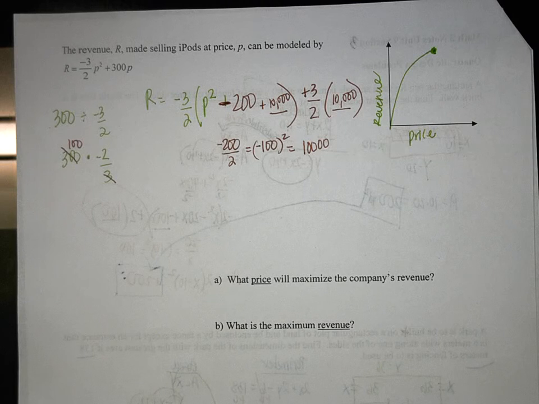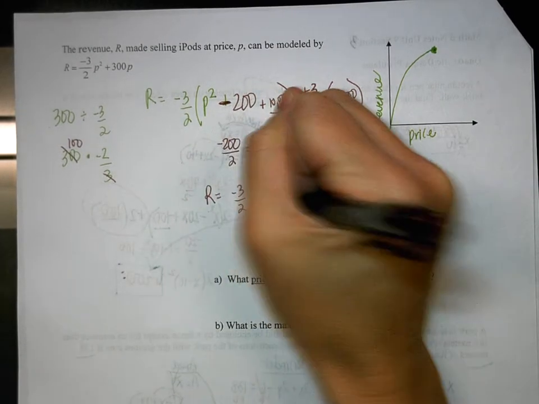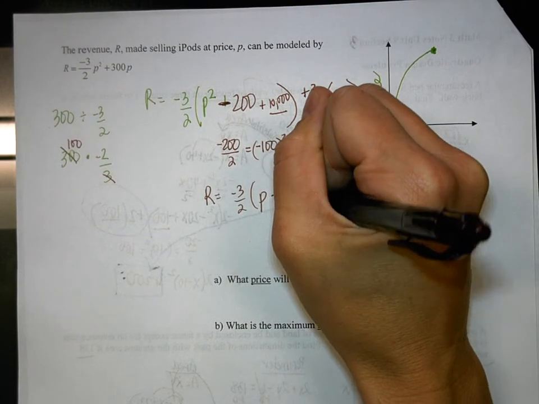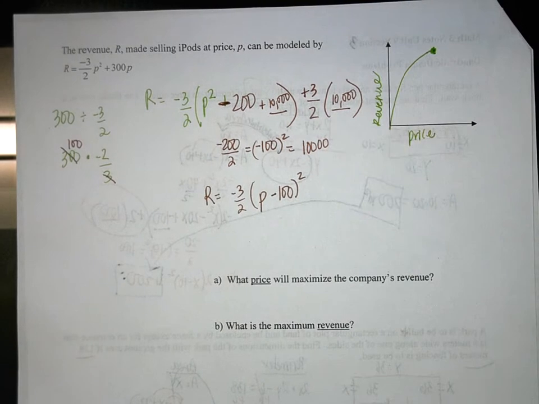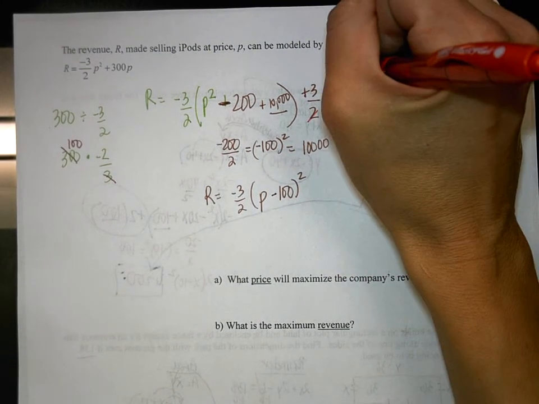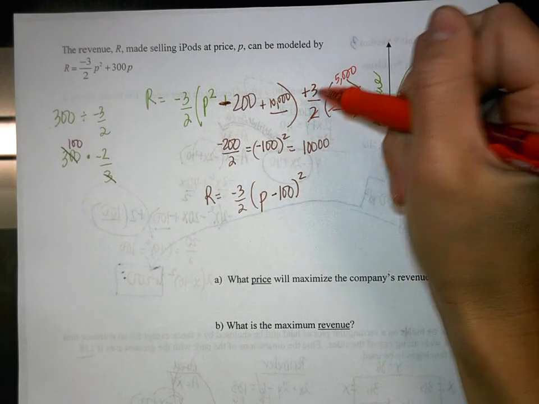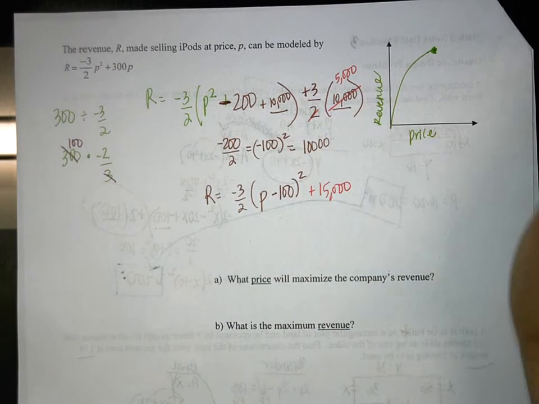Are we good? Okay. Now how do I write my equation? It'll be P what? Minus 100 squared. Now, when you multiply this, 2 goes into 10,000 how many times? 5,000 times. And we go 5,000 times 3, which makes 15,000. Wouldn't that be nice?